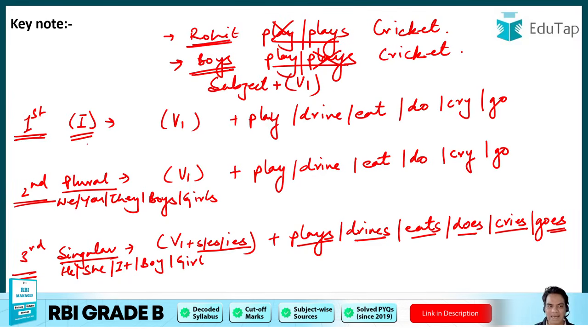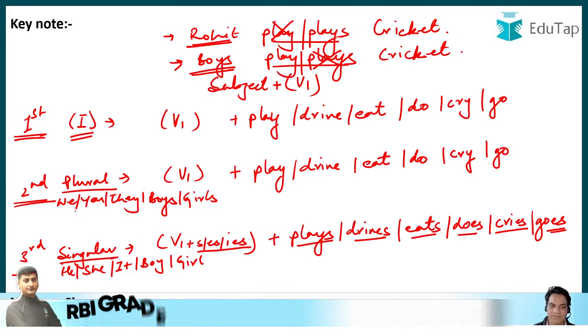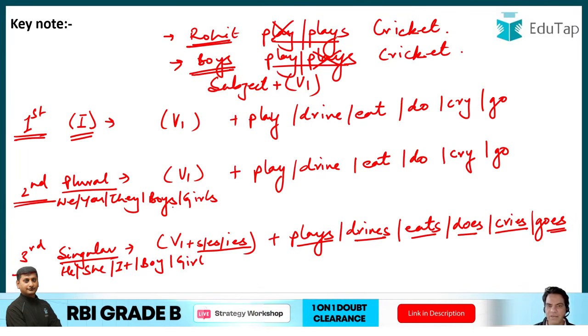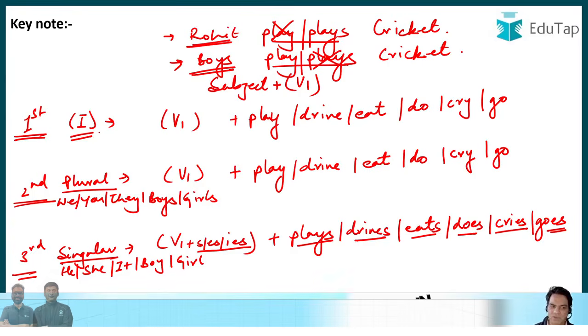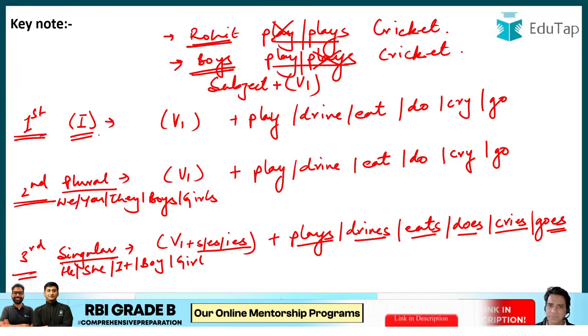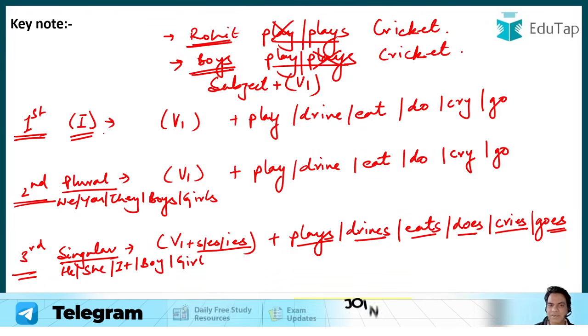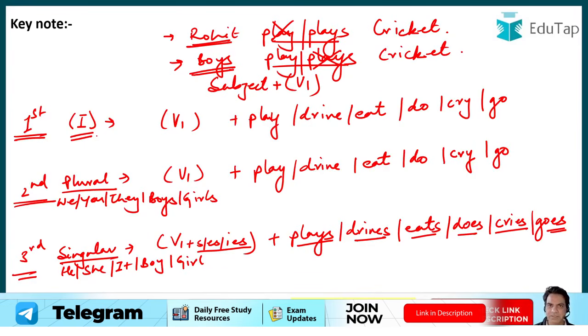Remember, I am is only used with I, right? But we are, you are, they are, boys are, they all follow the same verb. He is, she is, it is, boy is, Rohit is, they all follow the same verb. But I follows a special kind of verb, so I has a separate set of rules. That is why I've separated it from the others.